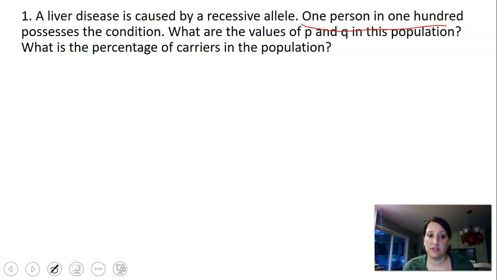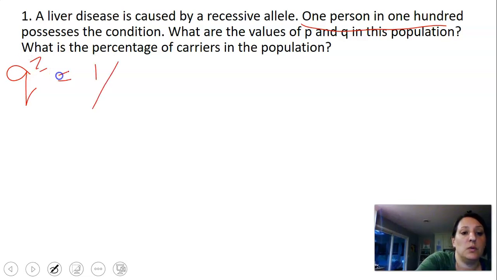P is the frequency of the dominant allele, Q is the frequency of the recessive allele, P squared is the frequency of homozygous dominant individuals, 2PQ is the frequency of heterozygous individuals, and Q squared is the frequency of homozygous recessive. And so here we have the numbers that we can use to figure out the frequency of homozygous recessive individuals.